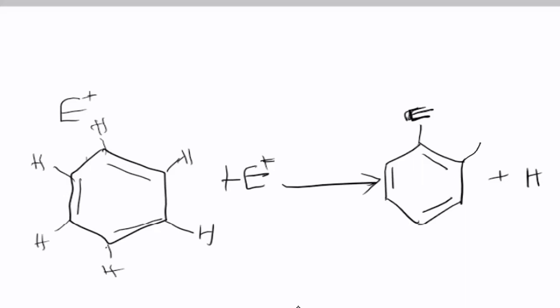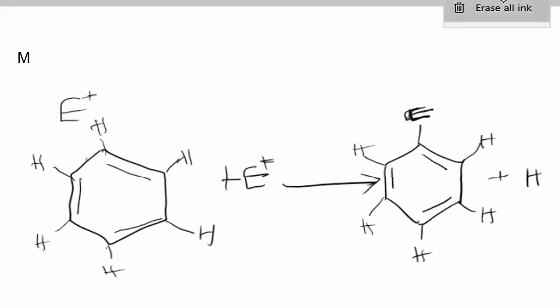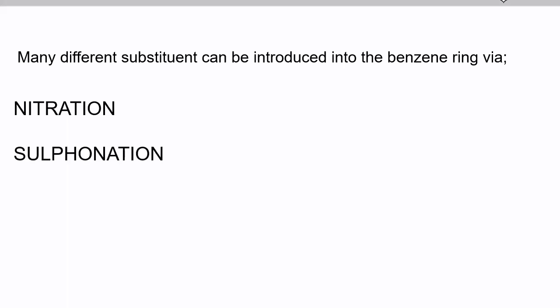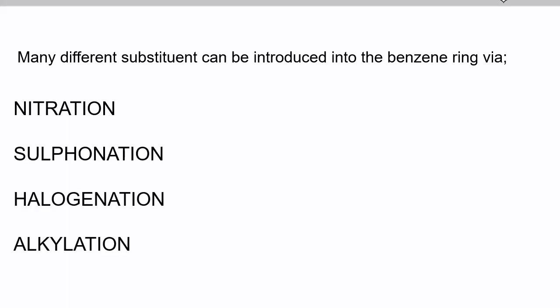This is the outcome of the reaction. Many different substituents can be introduced into the benzene ring via nitration, sulphonation, halogenation, alkylation, and so on.